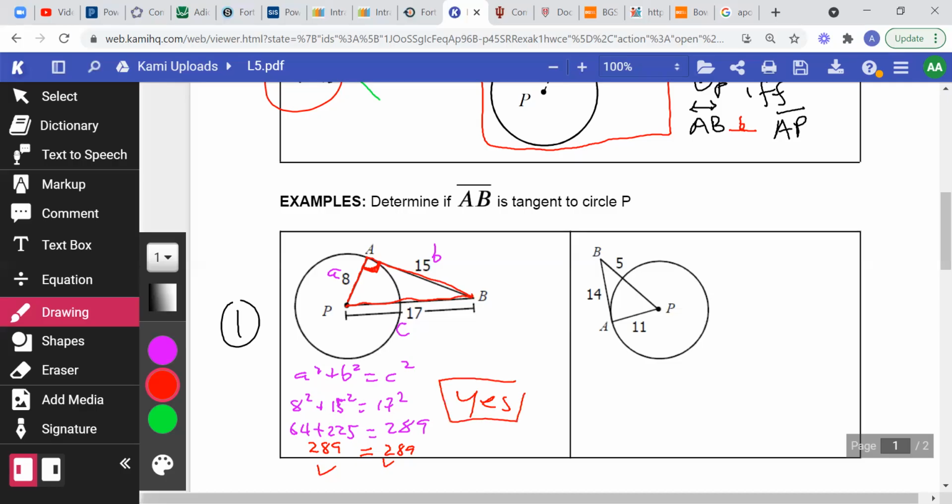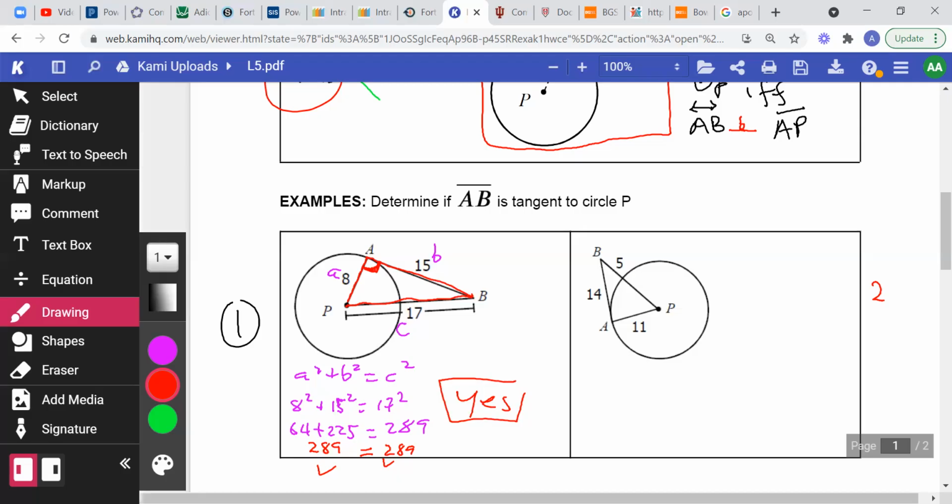On the other side, Aiden, what is the tangent line in the next problem? A tangent line is a line that is outside the circle and touches the circle at exactly one point.